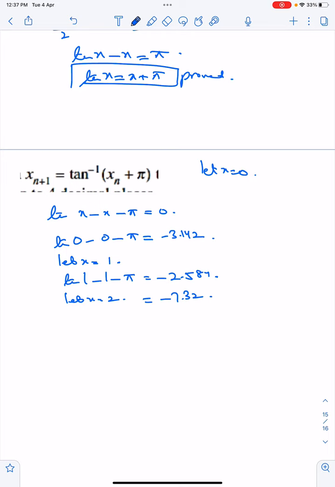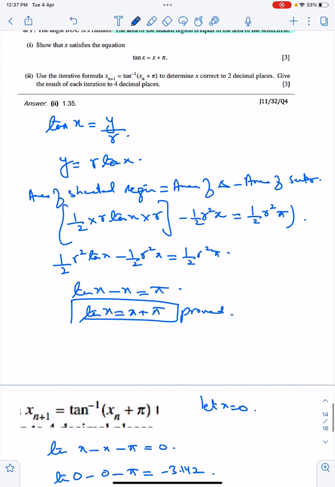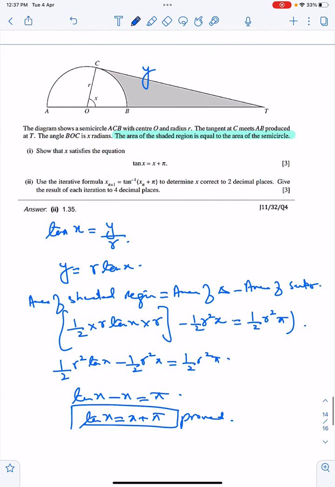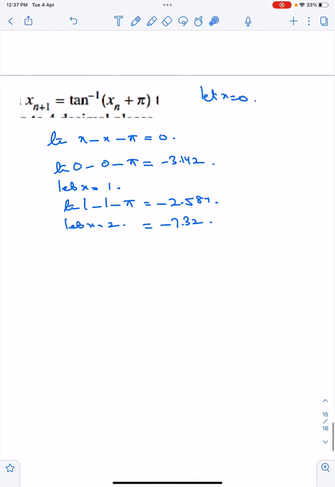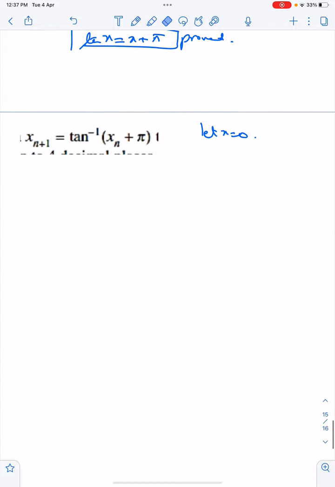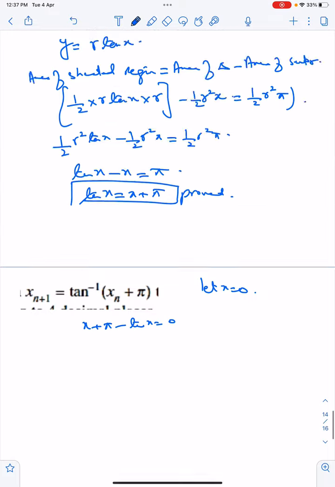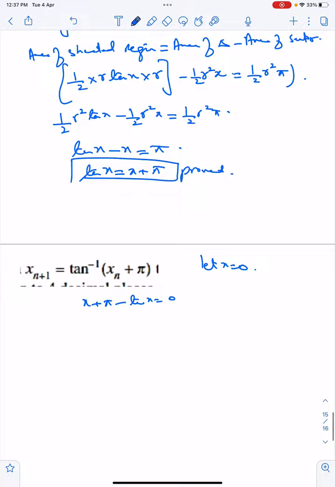Okay, what you have to actually do is, just hold on. Instead of taking all the terms to that side, if I take it to this side, it will be x plus pi minus tan of x. x plus pi minus tan of x equals 0.